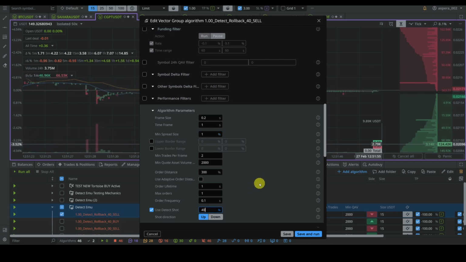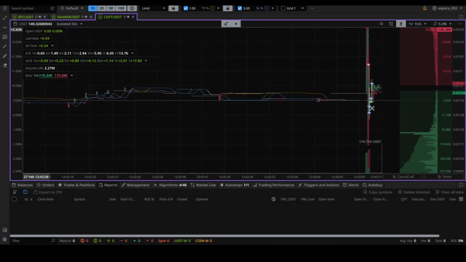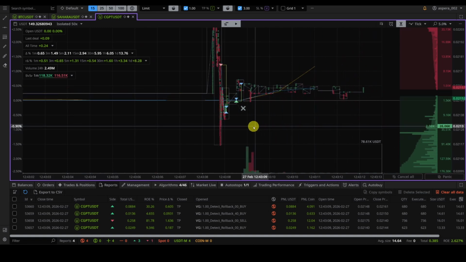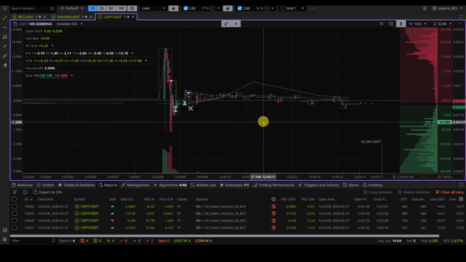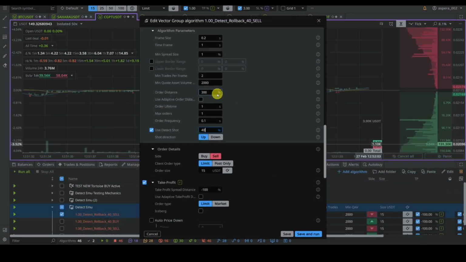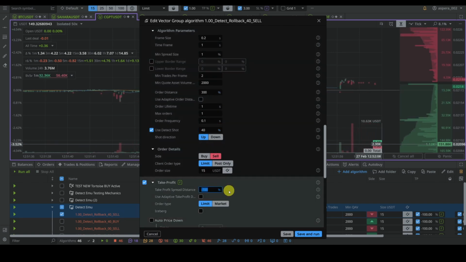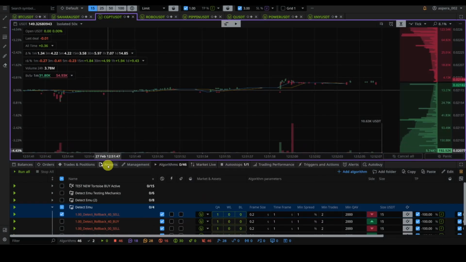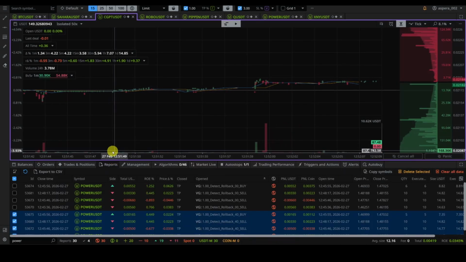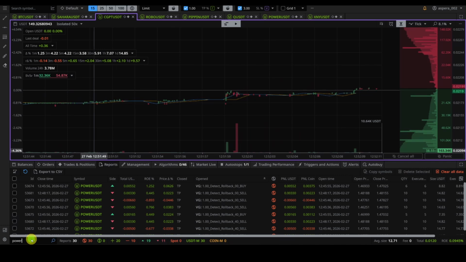And then watch your reports for coins that suddenly become active. To make sure every trigger does get into your reports, you set up your order distance and take profit in a way that guarantees a trade. We don't care about the results at all here. All we care about is to have each trigger produce a line in the reports.